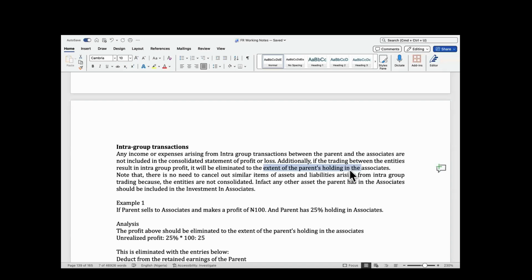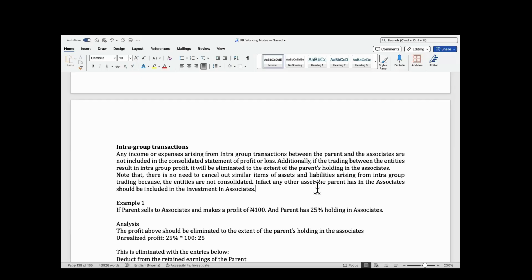And finally, where you have similar items of asset and liabilities arising from transactions between the parent and the associate, you don't cancel them out though. You don't even consolidate them anyway, so let alone say you want to cancel.